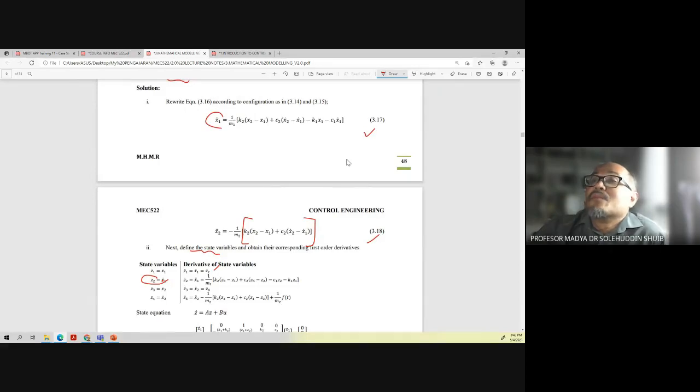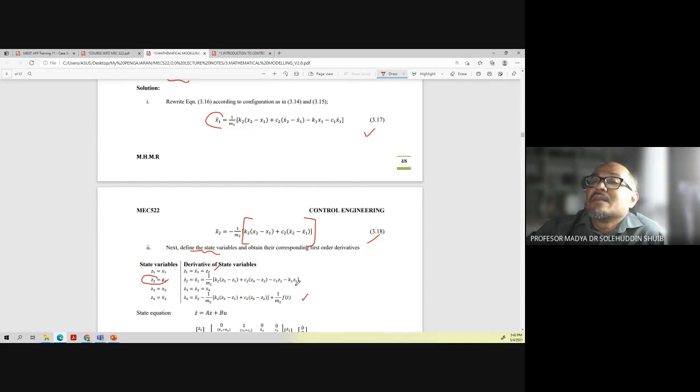This is 1 over m1 times the expression. So you substitute x2, which is z3, and x1 as z1. So you have to substitute with the state variables, until z4. Towards the end, you are going to get 1 over m2 Ft.